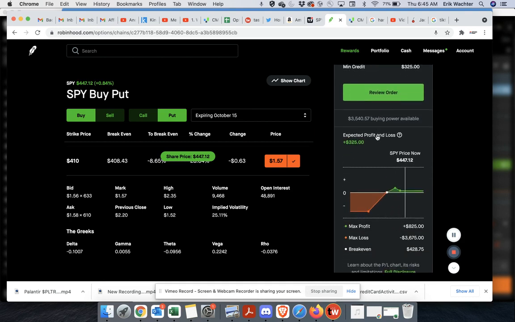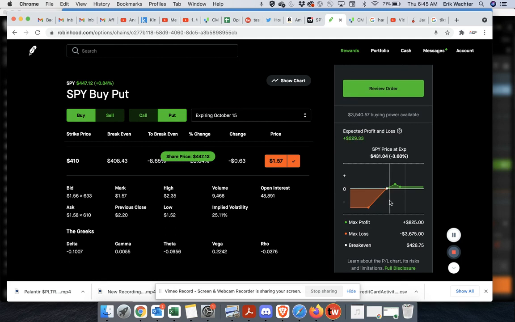Okay, before we place this trade, something interesting about this. If we look at this, where's the current price? Okay, SPY price is at 447.12. So what's great about this is even if the S&P 500 goes down another 10 points to the downside, that's when we are at our max profit.